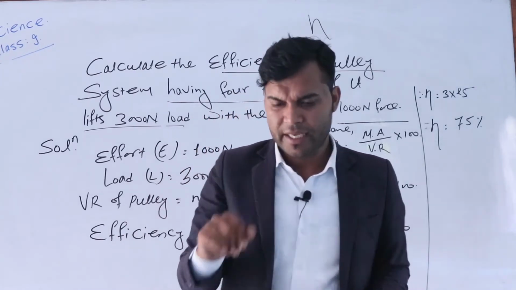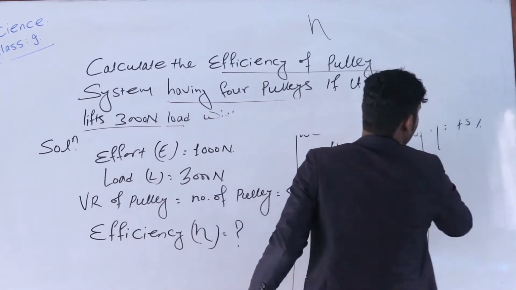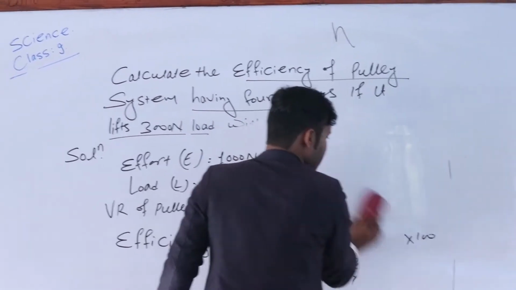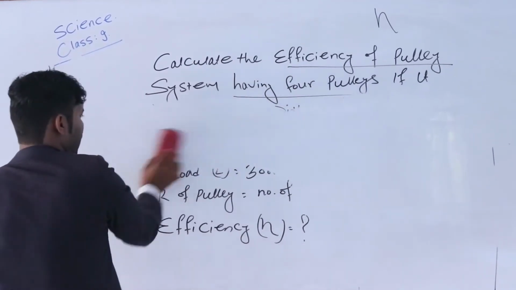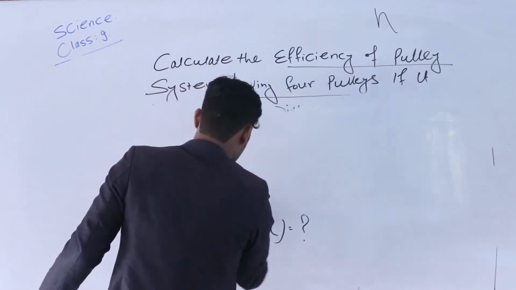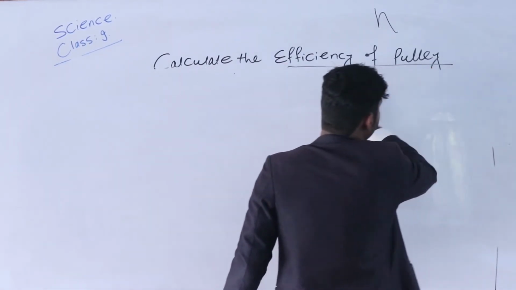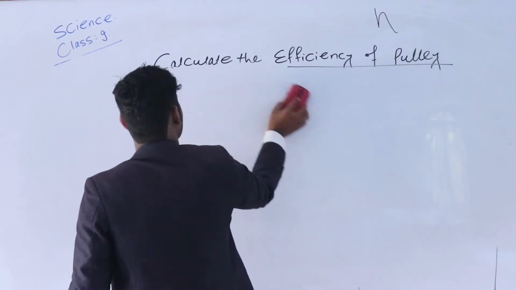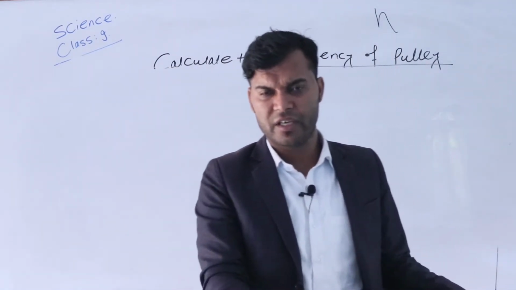Okay, student. Next term, wheel and axle. What is the wheel and axle? When two coaxial cylinders are connected, one cylinder of larger diameter is called the wheel, and the other cylinder of smaller diameter is called the axle.